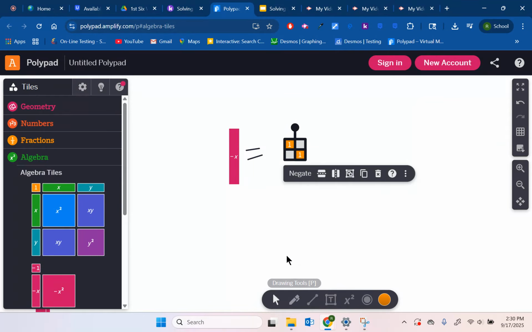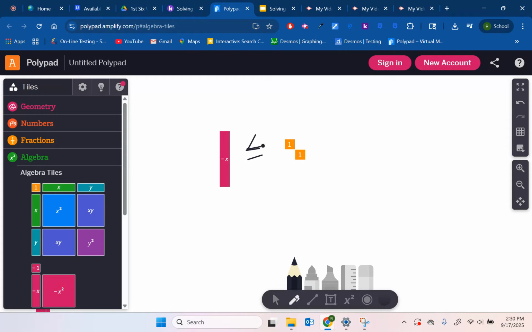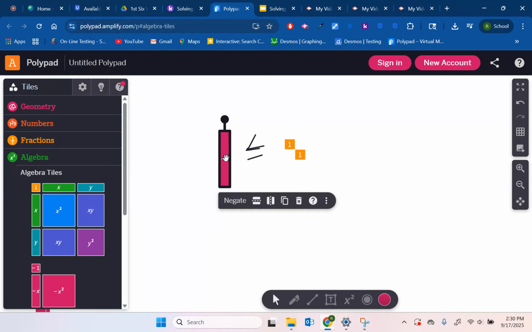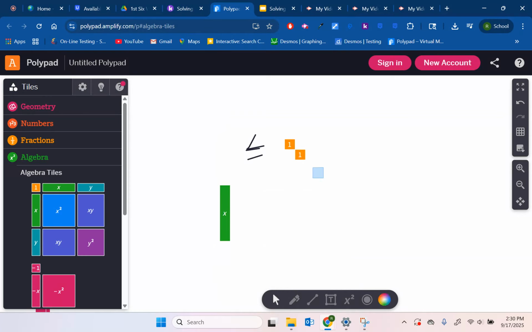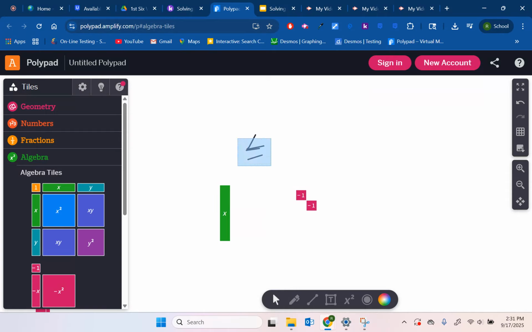Actually, let's make it a symbol, greater than or equal to, or less than. It doesn't matter. Whenever we get this, we go, okay, now you're going to be positive, and now you're going to be negative, but you now get flipped. You get flipped. That's what's going to happen over here.